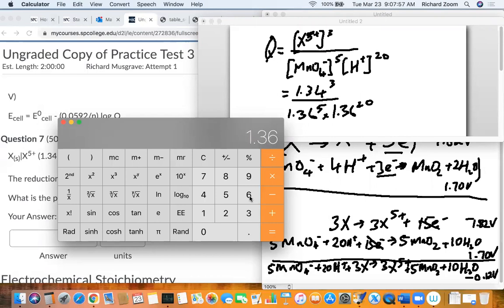I'm going to have to clear that somehow. I'm just going to do a little trick here. Just ignore this, just to fix my error here. Okay, so that should be the correct value for Q. If you put that into your calculator, you should get the same thing. I'll do it one more time just to make sure I didn't screw it up.